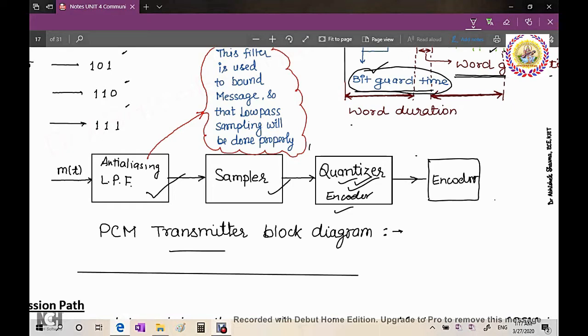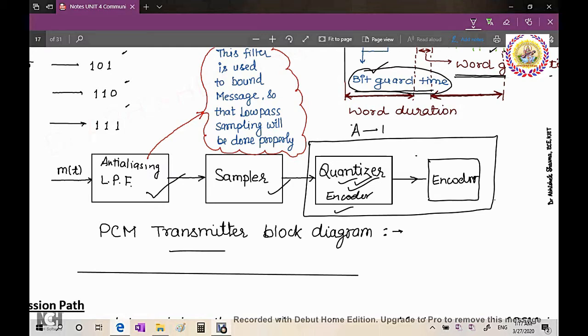In several books and literature, you will find that the quantizer and encoder belong to the same block. This is simple A to D conversion. This is the PCM output.